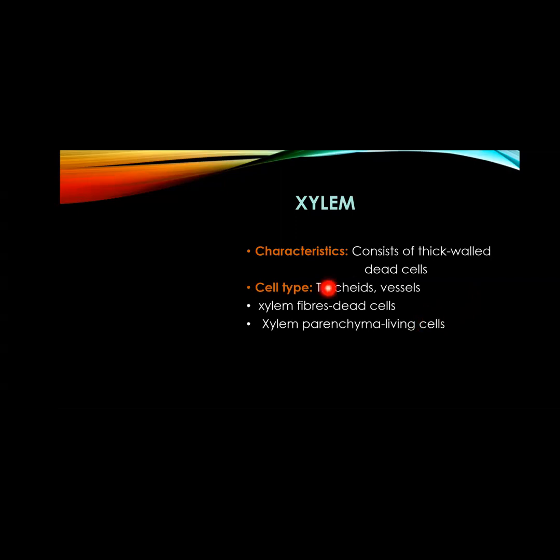So these are the 4 types of cells which make the xylem tissue. Remember once more: tracheids, vessels, xylem fibers or xylem sclerenchyma, and xylem parenchyma, which are living cells.